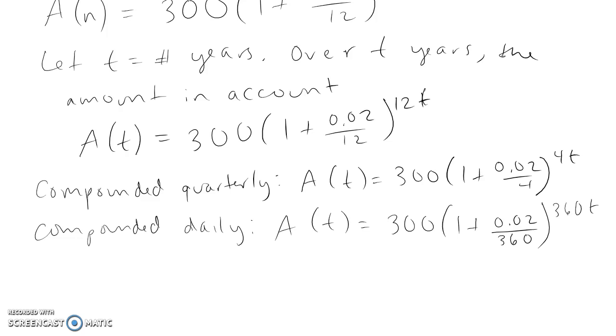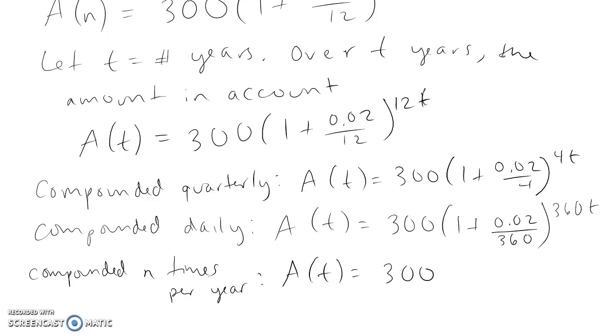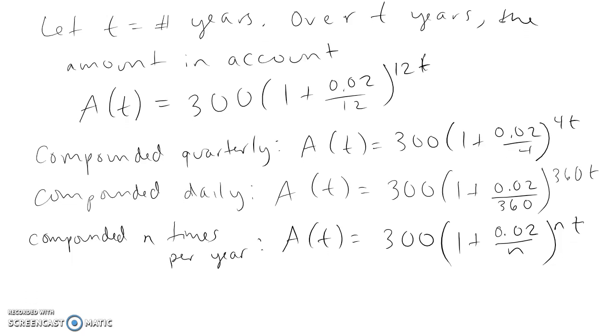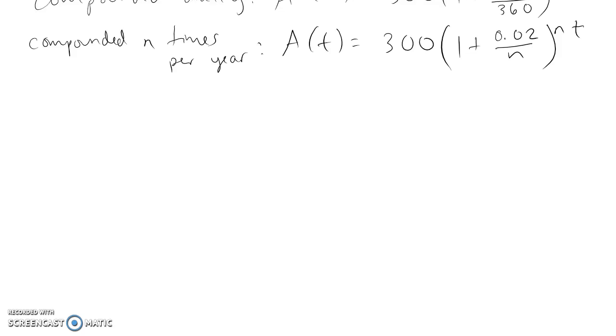So now we'll say, what happens if it's compounded n times per year? Okay. So this becomes 300 times 1 plus 0.02 over n raised to the nt power. So, generically then, this was a specific problem.